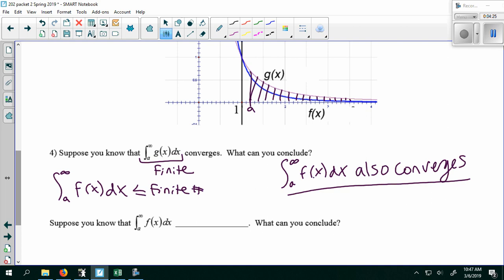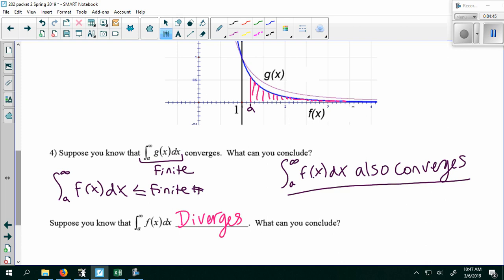All right, let's look at the reverse. Let's say I know something about the area under f, the integral from a to infinity of f of x dx. Let's say that area diverges. That area is infinite.